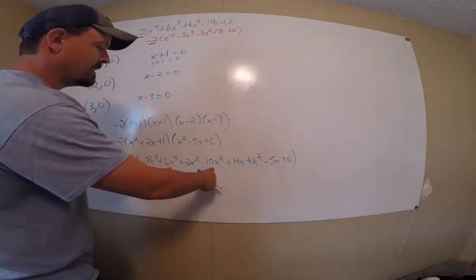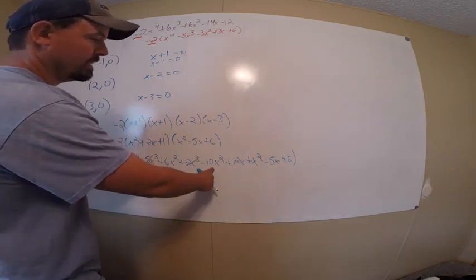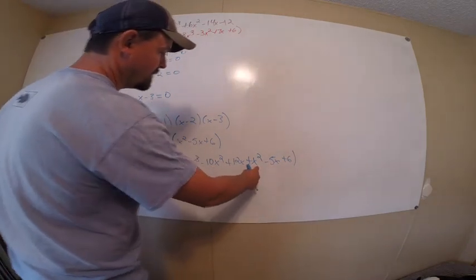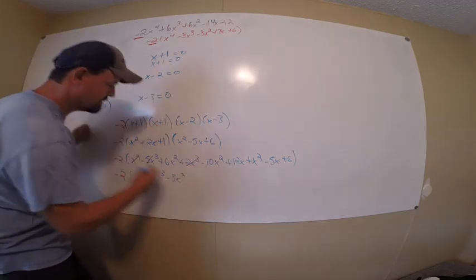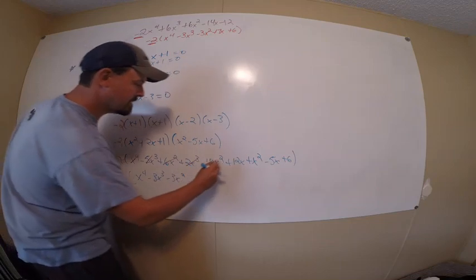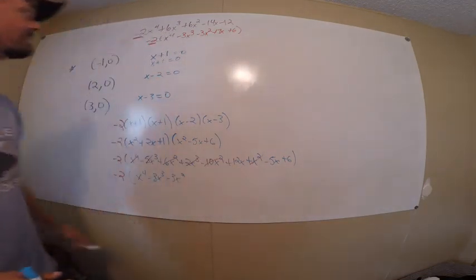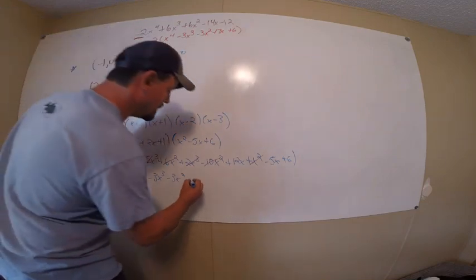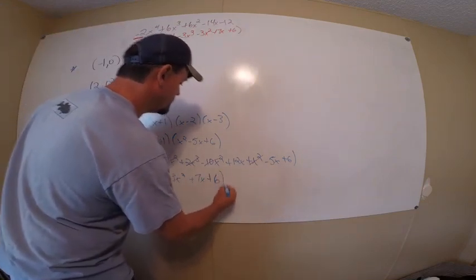I got a 6x squared minus 10x squared, so that'll give me a negative 4x squared. And then I have an x squared here. It's going to be minus 3x squared. Now I've got a 12x minus a 5x, which is going to give me a plus 7x. And then I've got a plus 6.